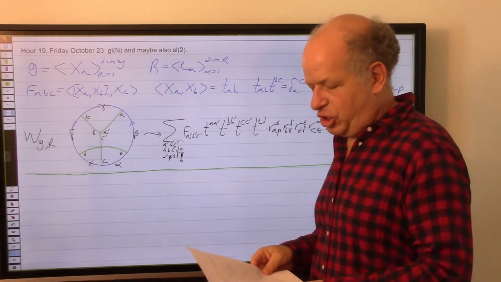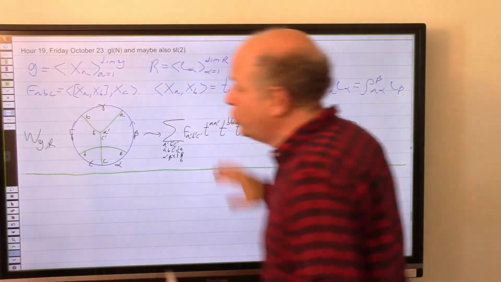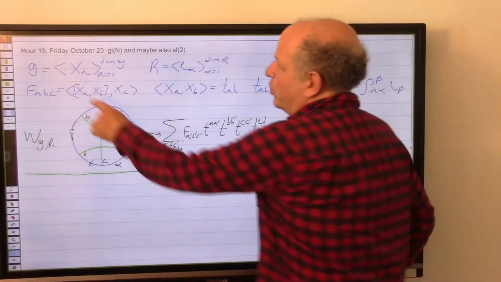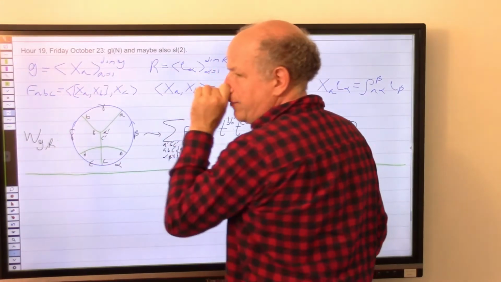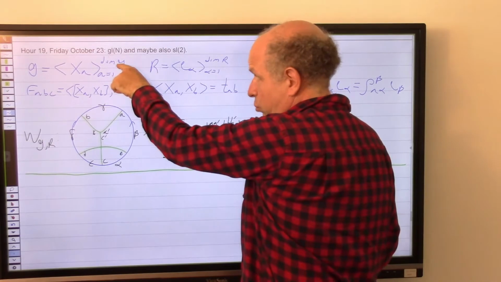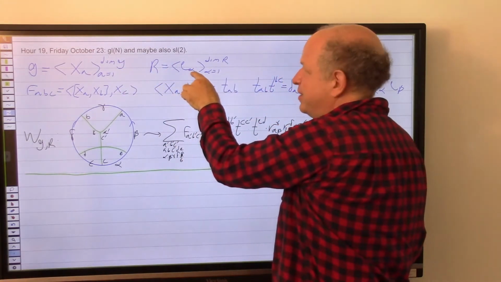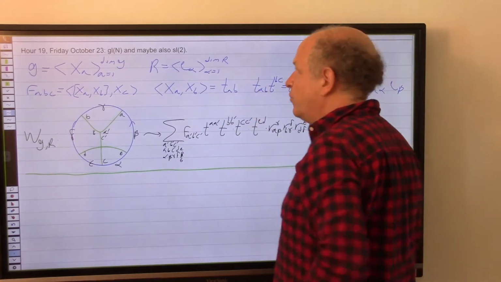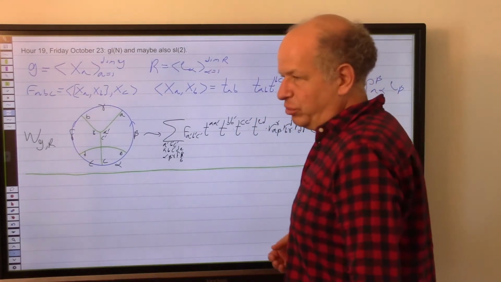Okay. So let me start with review. So remember, we had a Lie algebra and a basis x sub a, where a goes from 1 to the dimension of the Lie algebra. A representation with a basis E alpha, where alpha goes from 1 to the dimension of the representation. And we needed a few tensors.